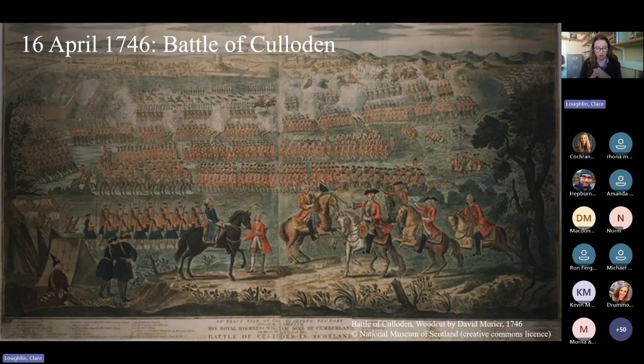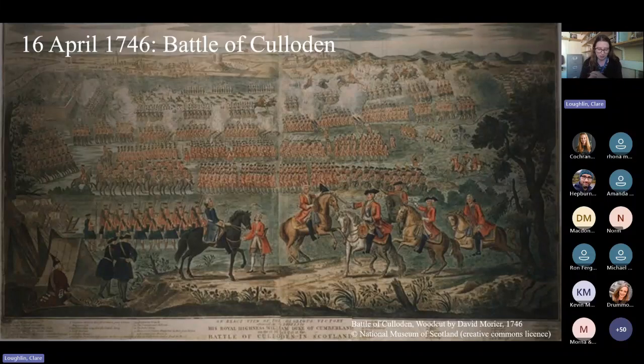It had begun in July 1745, when Charles Edward Stuart landed on the island of Eriskay and raised the Jacobite standard at Glenfinnan. Now, Charles had won some spectacular military victories. He had established a Jacobite court in Edinburgh, and he had marched into England with the ambition of reaching London and overthrowing the Hanoverians. But at a crucial moment, his army had turned back.